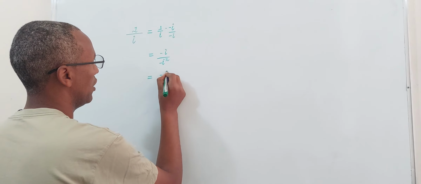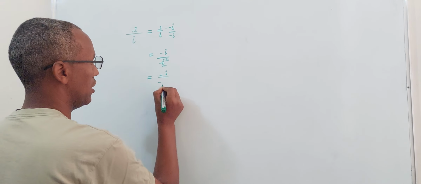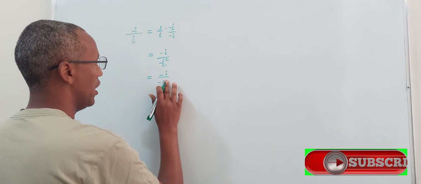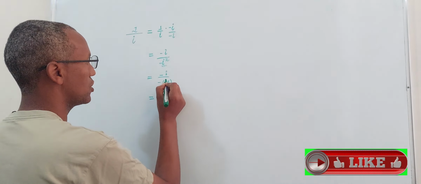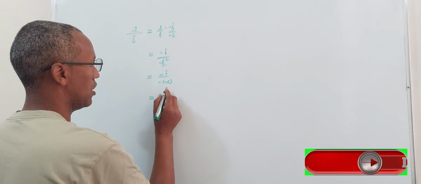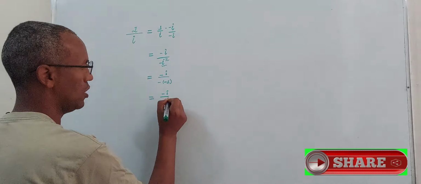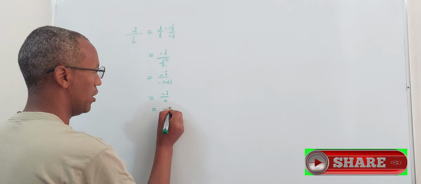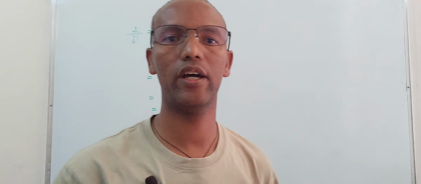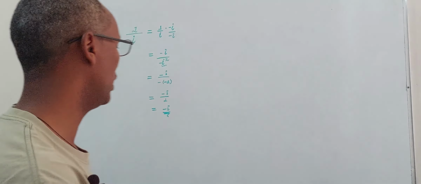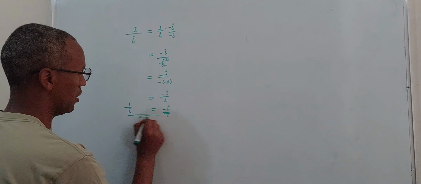So minus i upon 1 is equal to minus i. That is it. So 1 upon i is equal to negative i. 1 upon i means negative i.